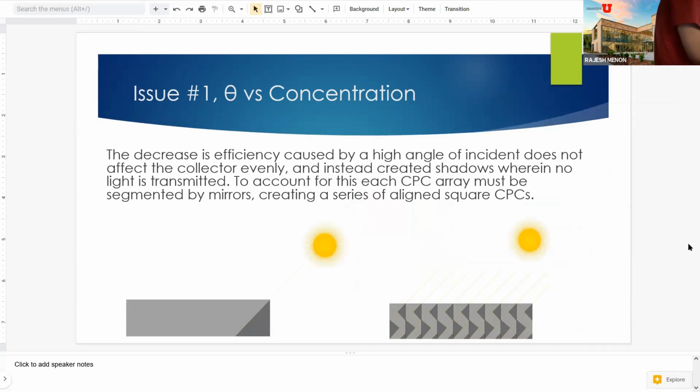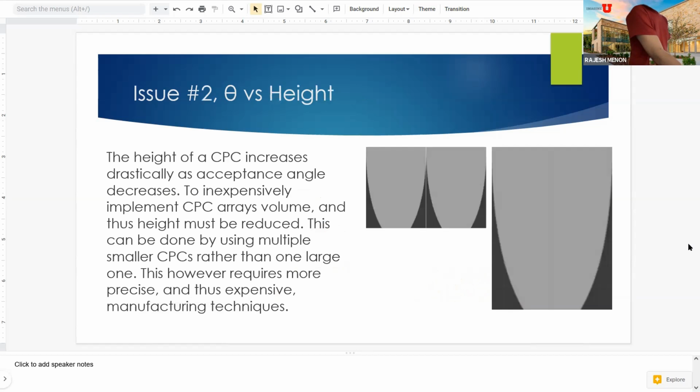It can create large swaths of area where there is no light entering and entire rooms go unlit. So you can get around this by including a series of mirrors inside of this extruded CPC that reflect the light back and forth, allowing for more even light distribution. Can you go to the next slide?